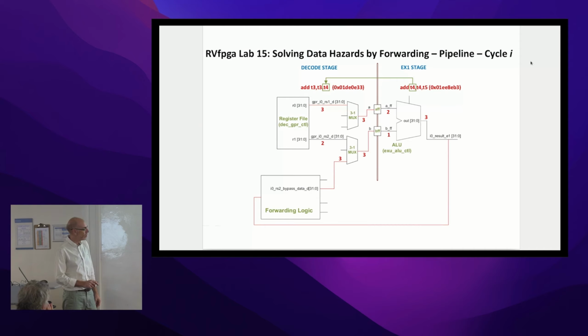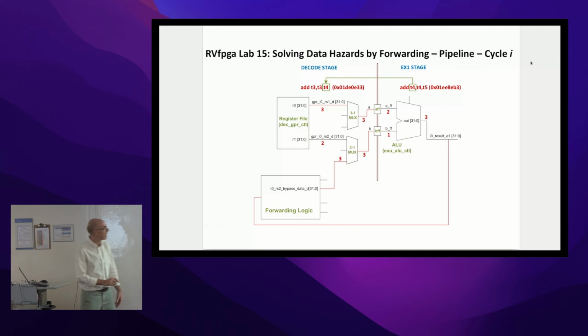So this result of the first addition is forwarded through the forwarding logic to the second add instruction, so that it can use the result obtained by this instruction instead of the result read from the register file.